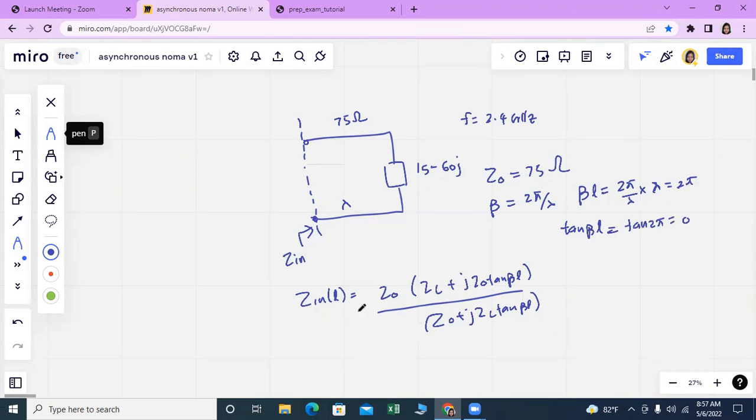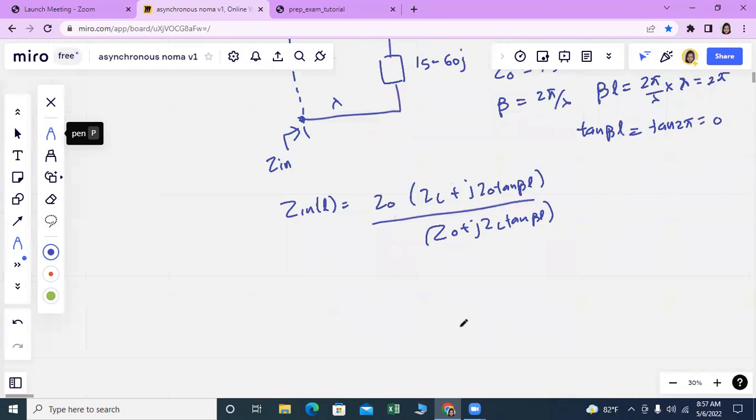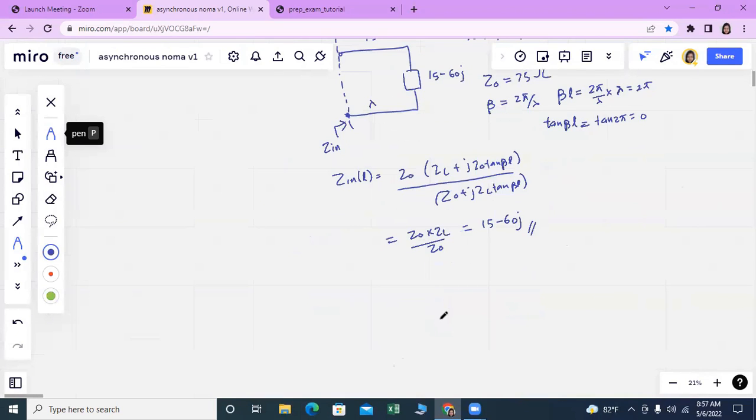And then once you substitute the 0 for tan beta L, what you are left with is actually Z naught into ZL divided by Z naught. So once you cancel out the Z naught values, you are left with ZL, which is 15 minus 60j. You can convert this Z value to polar form using your scientific calculators, and you can write it in R angle theta in degrees form.